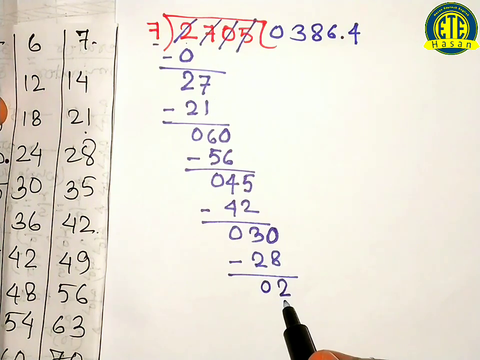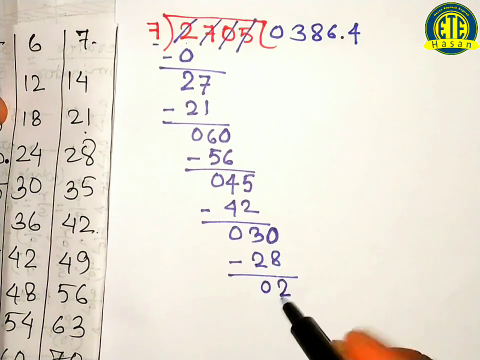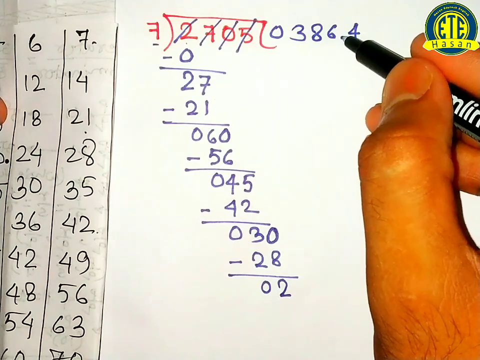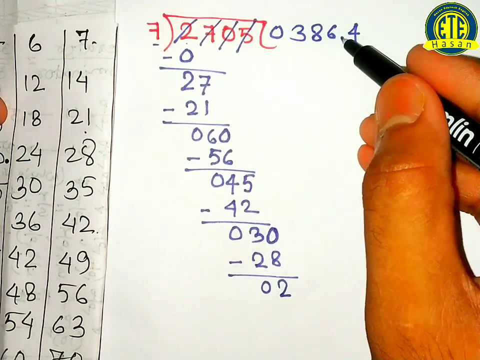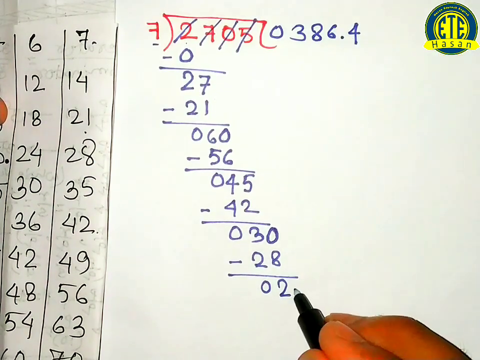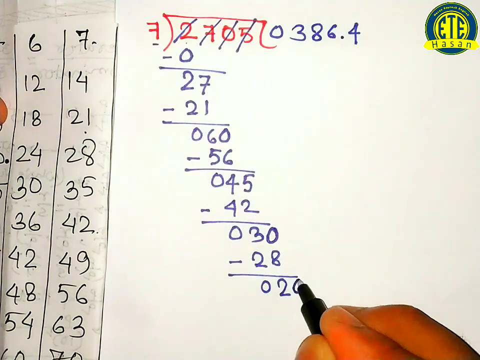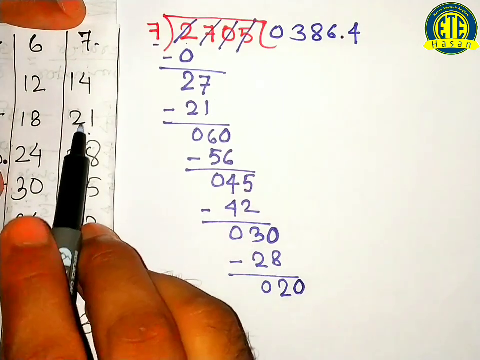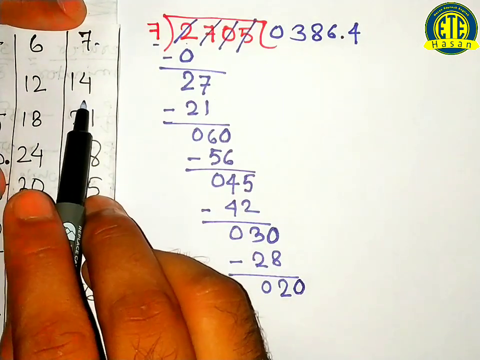After subtracting, we have to take a 0 from this decimal point. This decimal point will give only one 0 here. So 2 becomes 20. Now count 7 up to 20. 20 lies between 14 and 21. Here is the 20.